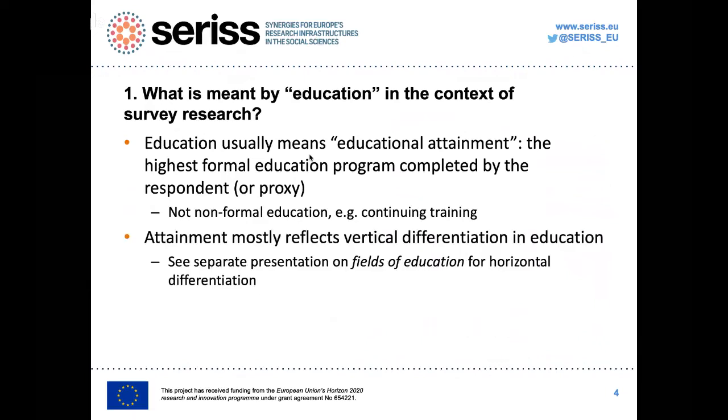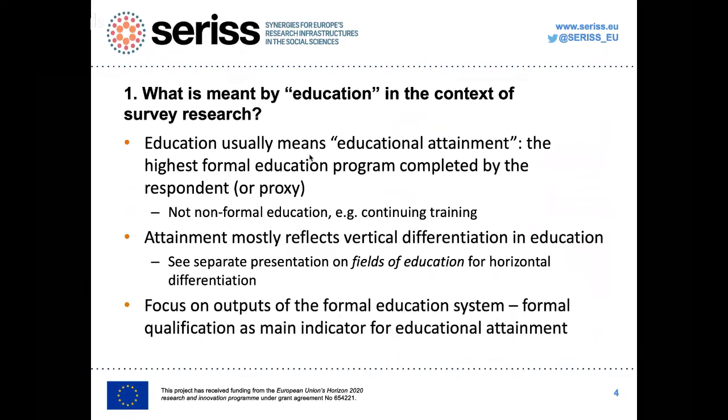Education attainment focuses on the vertical differentiation in education, and there's also a separate presentation on fields of education which denote the horizontal differentiation in education, such as differences between sociology, political science, economics, but also in vocational fields. When we measure education in surveys, we focus on the outputs of the formal education system for the individual, and this means that the formal educational qualification is our main indicator for educational attainment.